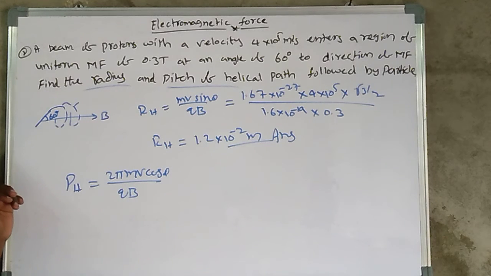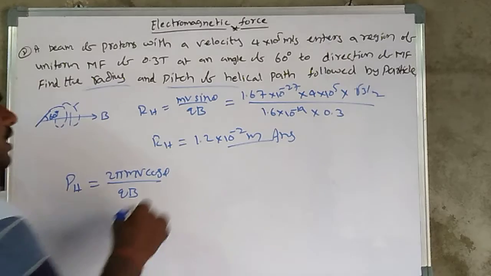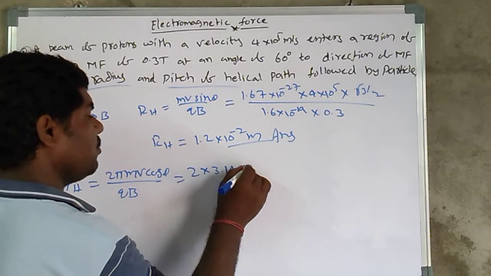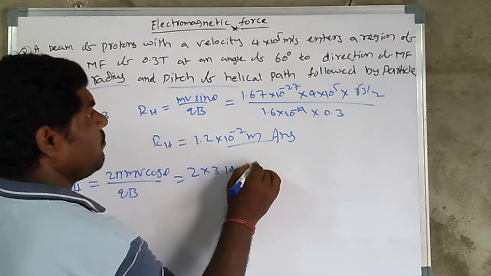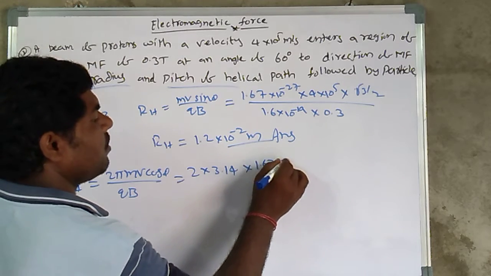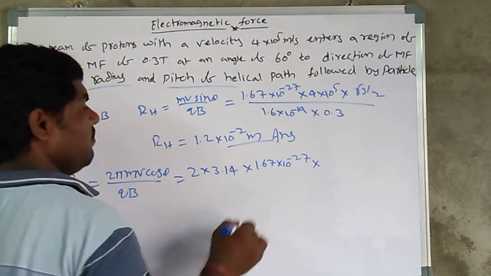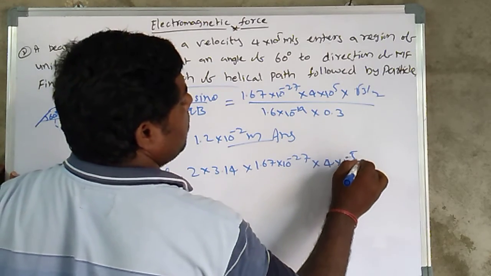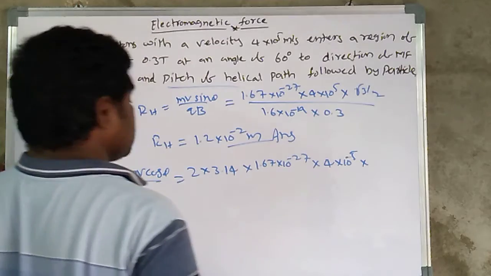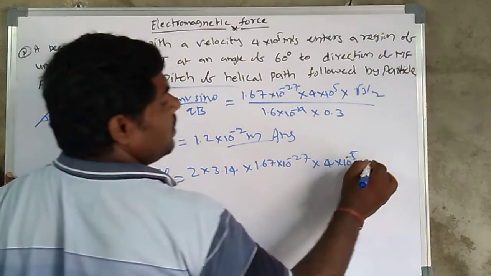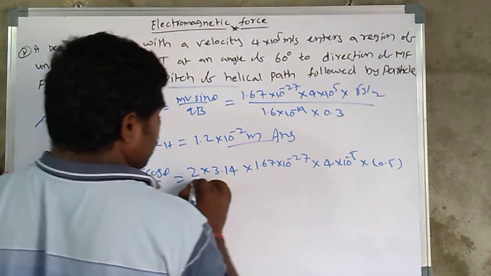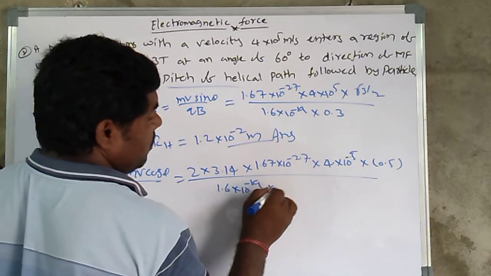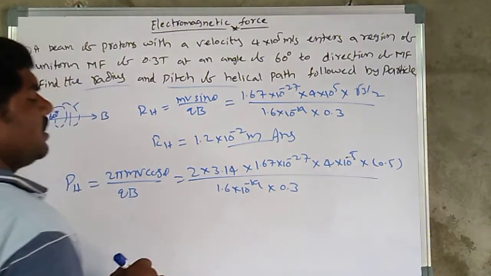Here 2 pi, with pi being 3.14, into the mass of the proton, 1.67 into 10 to the power of minus 27, into velocity, 4 into 10 to the power of 5, into cos 60, which is 1 by 2, that is 0.5, divided by 1.6 into 10 to the power of minus 19 into 0.3 Tesla.